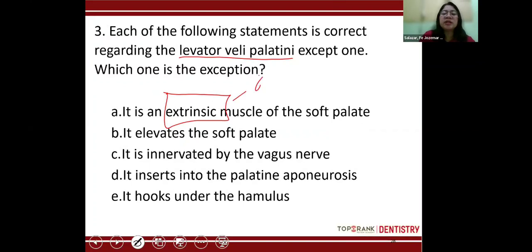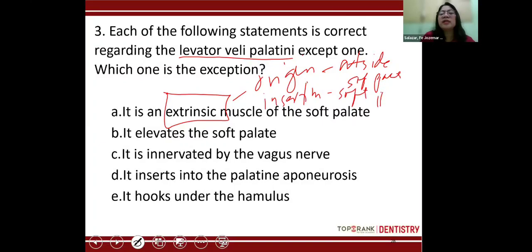The origin is outside the soft palate, while the insertion is in the soft palate. So what is its insertion? Palatine aponeurosis, right? And the muscle on the opposite side.